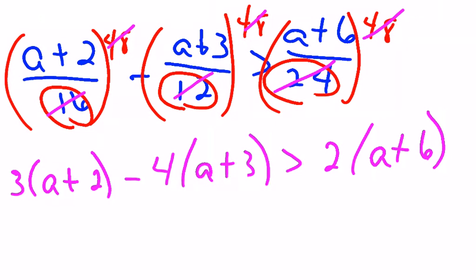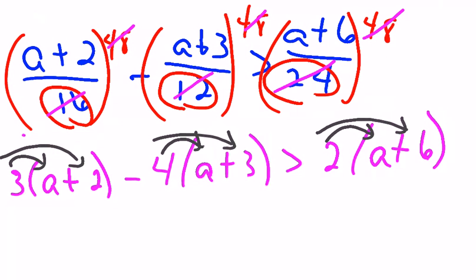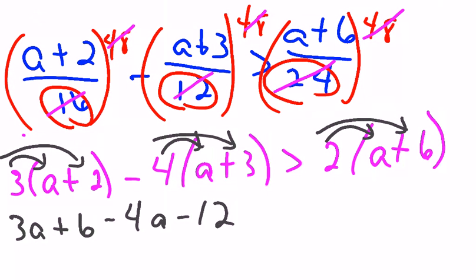So notice we'll have to do quite a bit of distributing. This 3 needs to be distributed, this 4 needs to be distributed, this 2 needs to be distributed. So we get 3a + 6 − 4a − 12, because it's a negative, so don't forget this whole thing has to get moved over.